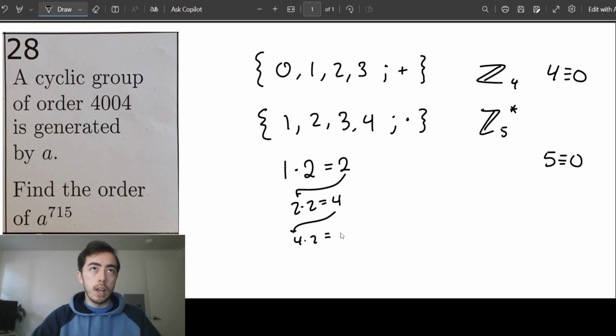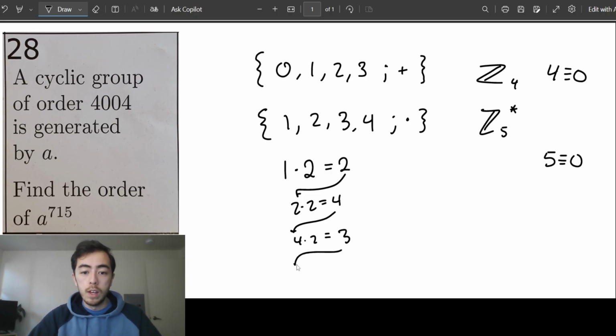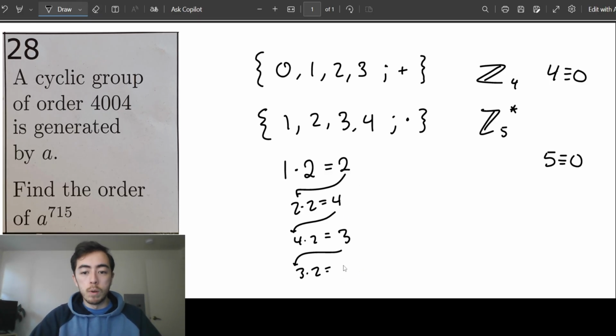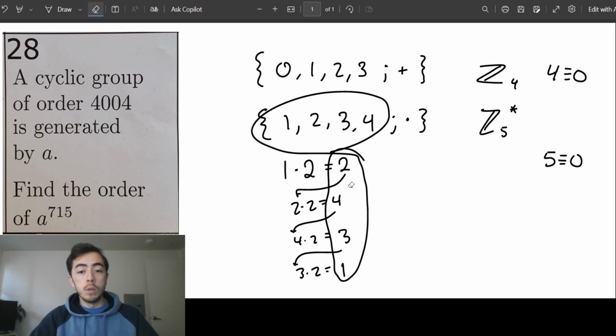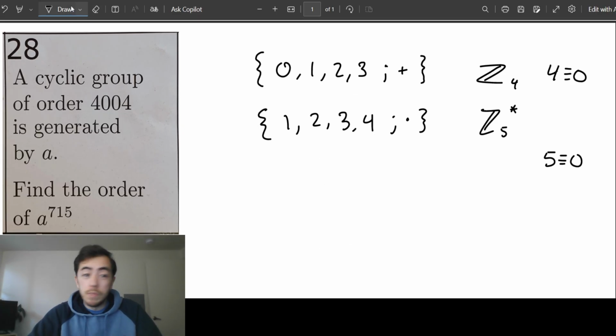Here, this is the number 8, but cycling it back down by 5, I do get 3. Multiplying by 2 again, I get 6. But then again, cycling it down by 5, I get the number 1. And so all of my elements are represented. So 2 is a generator here, and I am thinking about it with multiplication instead of addition. But these two groups, I think, are exactly the same.